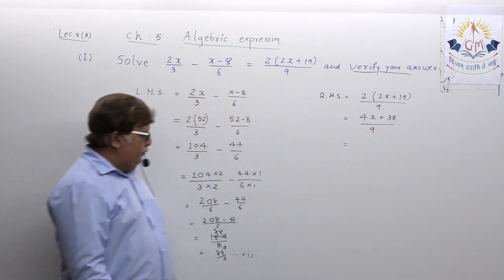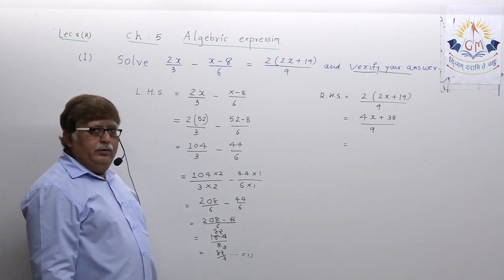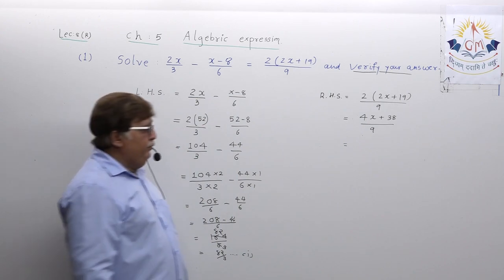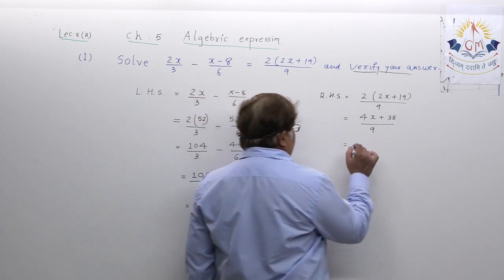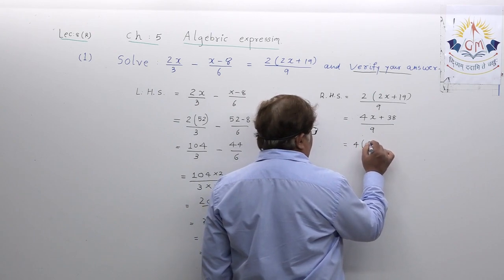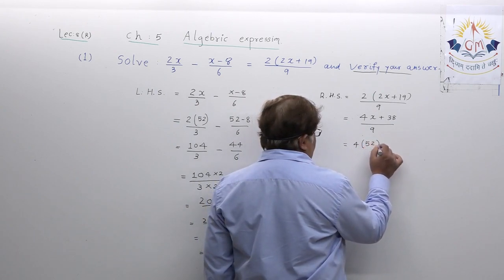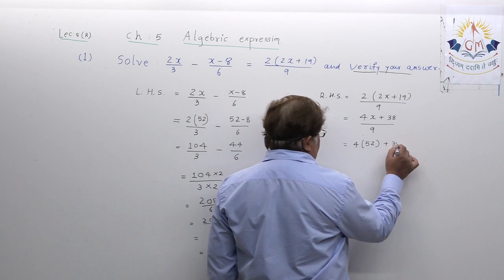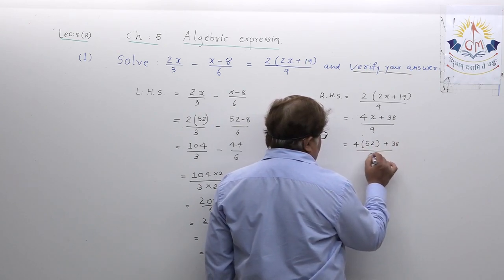After doing this, you have to replace the value of x: 4 into bracket 52 plus 38 upon 9.